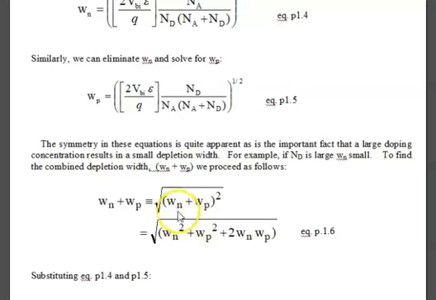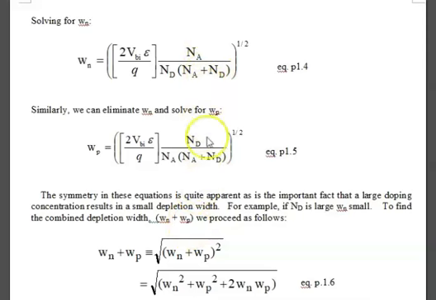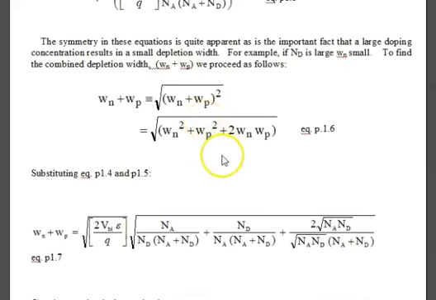So we just use simple algebra here. And, oh, actually, we do use these. Sorry about that. So we do use P14 and P15. I actually substitute those in for Wn and WP in terms of the dopings. So, no, okay, I wasn't that silly after all.